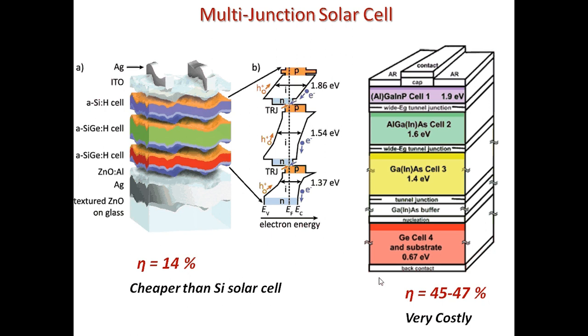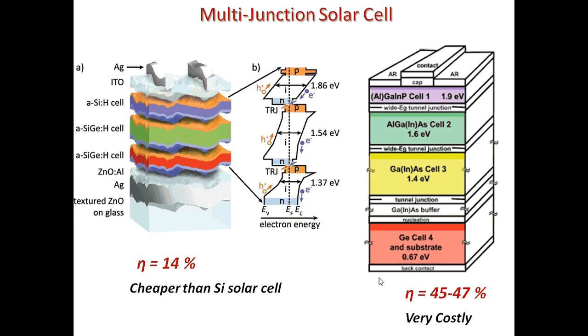Similarly, on the other side, if I consider a large band gap semiconductor, let's say 3 eV, or even 2.5 eV, my voltage developed will be high. Let's say 2.5 eV can give me a maximum voltage of about 2.1 V, but the number of photons absorbed in that large band gap will be less, so the current produced will be less. So the total power you will get is less.